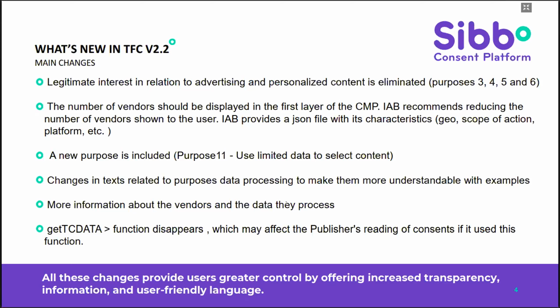There is also something that is not in the interface, which is the deprecation of the getTCData, which is something important for the backend and how the CMP communicates with the publisher and with vendors. So basically, all the changes provide users with greater control, offering more transparency, information and user-friendly language, which is something that has been demanded by the market.